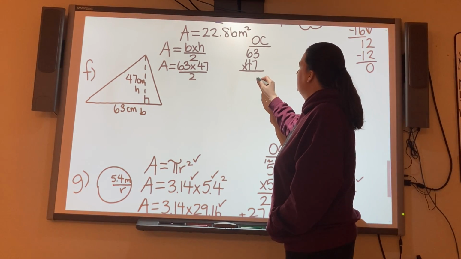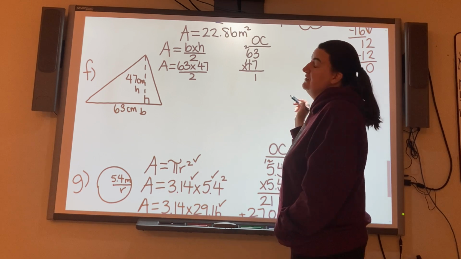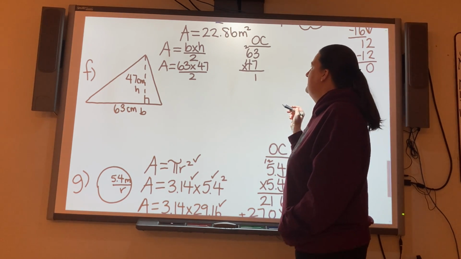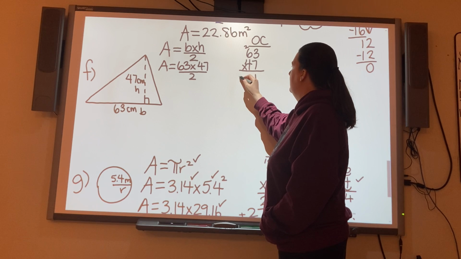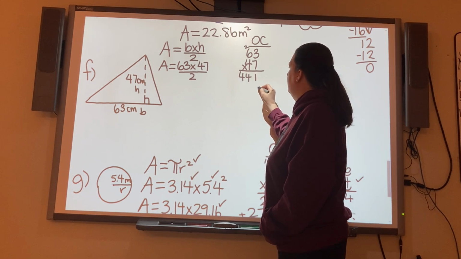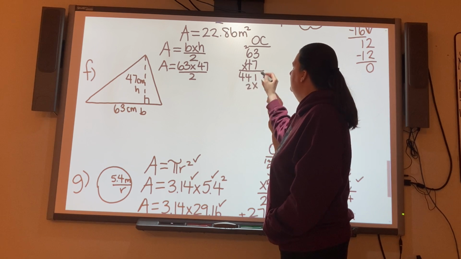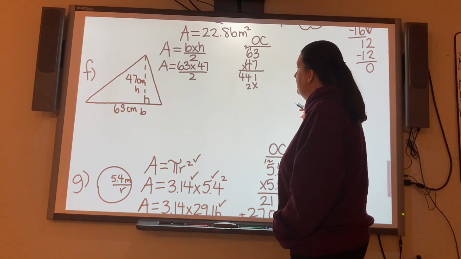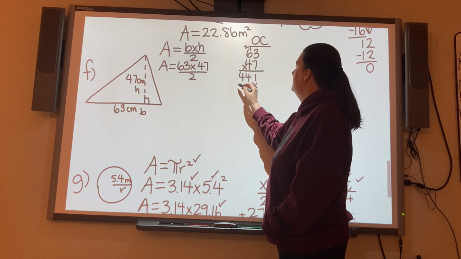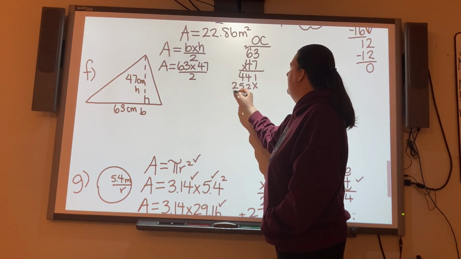7 times 3 is 21, carry your 2. 7 times 6 is 42, plus the 2 that I carried is 44, put your x. 4 times 3 is 12, carry your 1. 4 times 6 is 24, plus the 1 that you carried is 25.